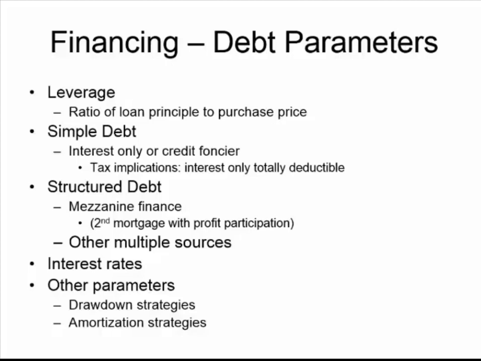There are ways of making it more of an incentive for the lender, such as offering the lender a share of the profits, especially if you're using it in some very profitable activity such as property development and so on. It's just an example of more complex debt. Generally, when we have more than one form of debt, we refer to it as structured finance or structured debt. And this is where we use two or more sources of debt, often with more and more complex arrangements of interest costs and other advantages and disadvantages for the respective parties.